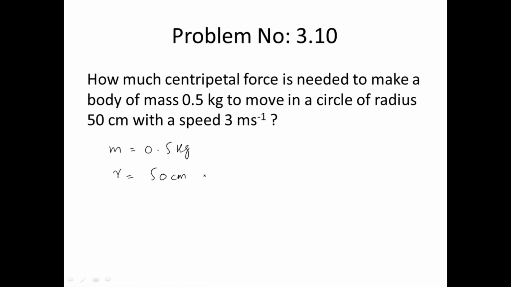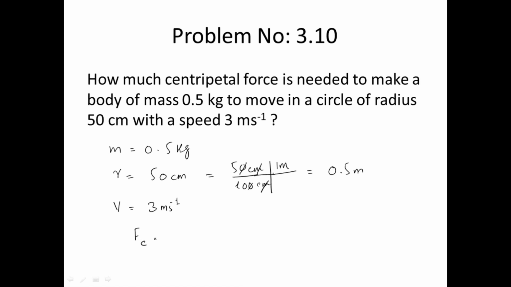So convert the centimeter into meter: 50 centimeter divided by 100 is equal to 0.5 meter. The velocity of the object is equal to 3 meters per second.